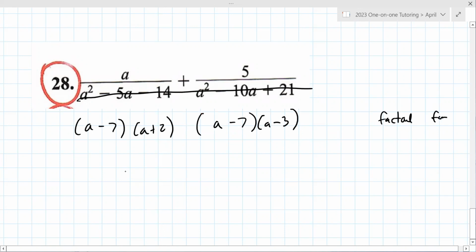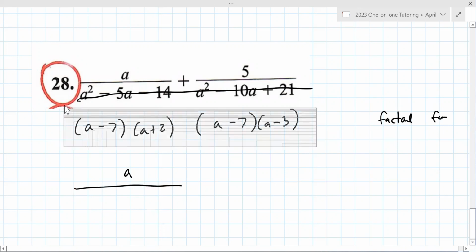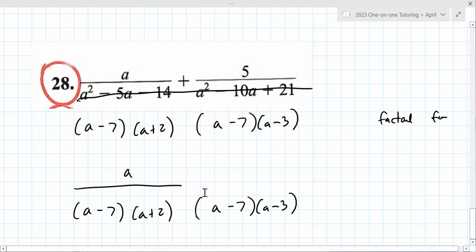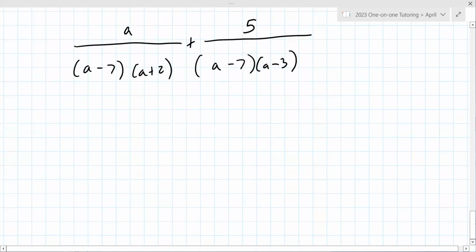So let me write this a little cleaner here. I can copy and paste. Plus 5 over this. Are the bottoms the same? No, they're not.